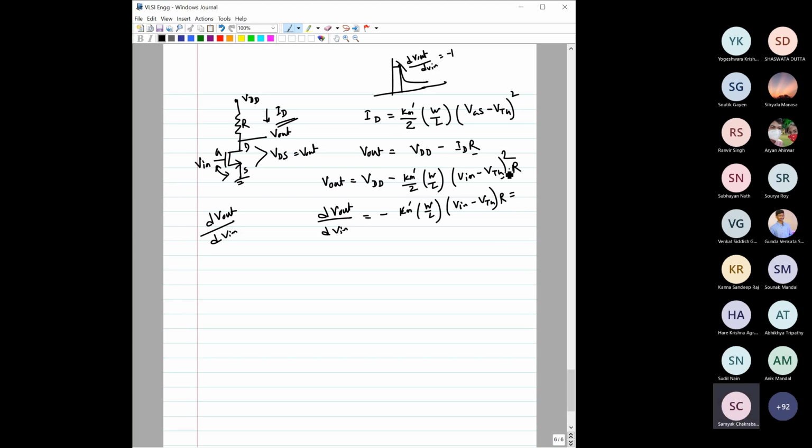Minus 1. At this point, this is minus 1. So when you are writing minus 1 here, this V in is becoming what? VIL. Right.